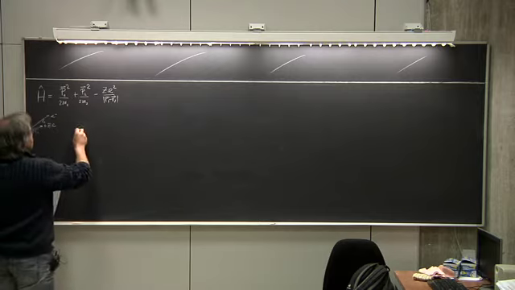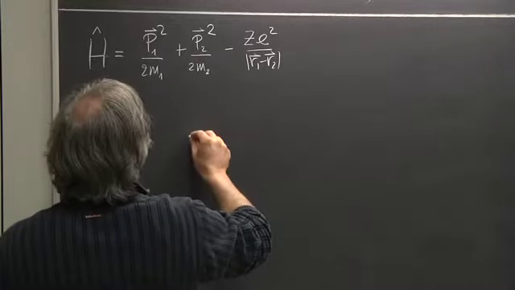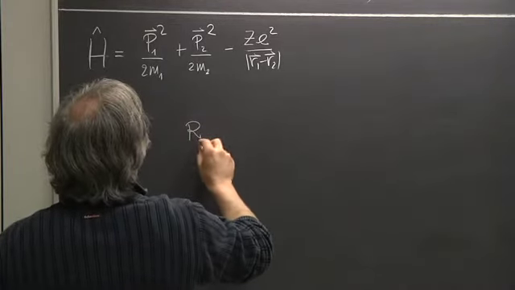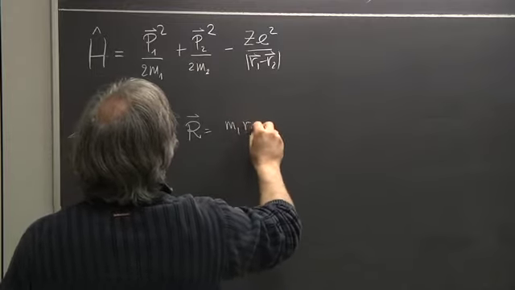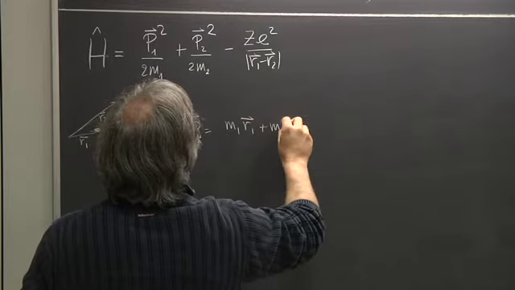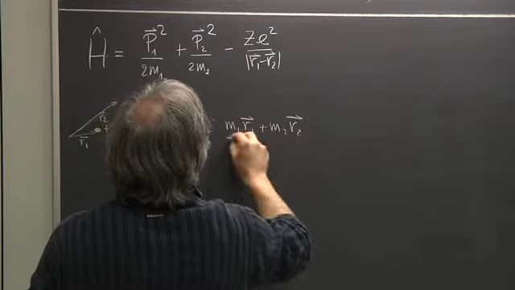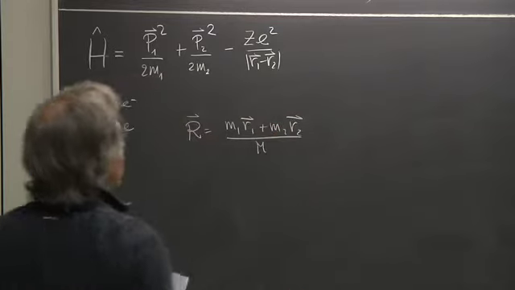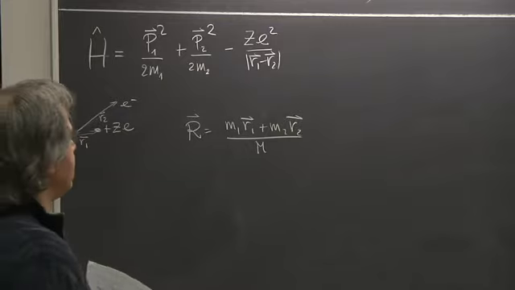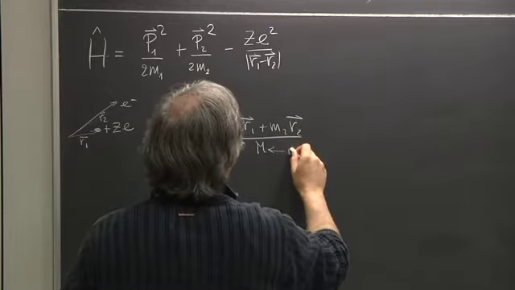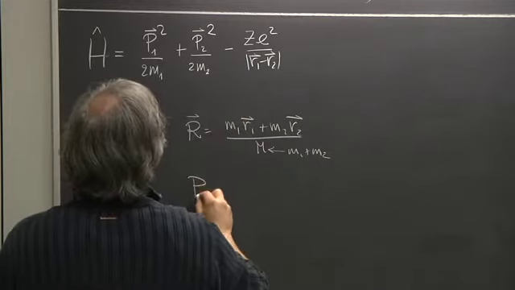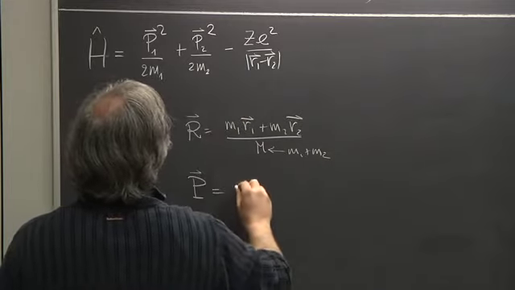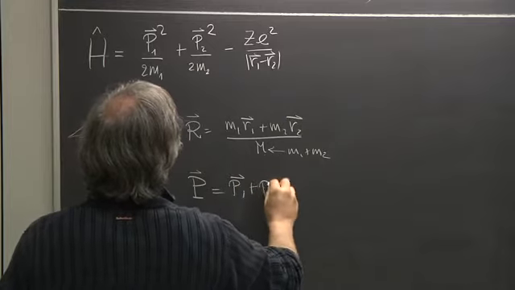You certainly remember that you can introduce the center of mass R, which is m1 R1 plus m2 R2 divided by the total mass M, which is m1 plus m2.